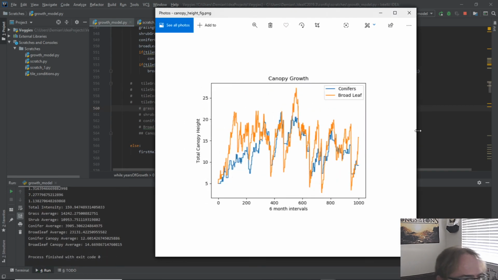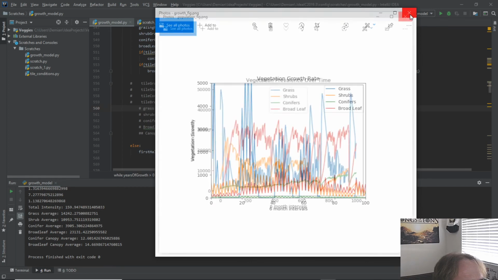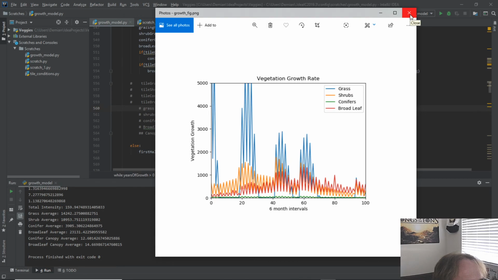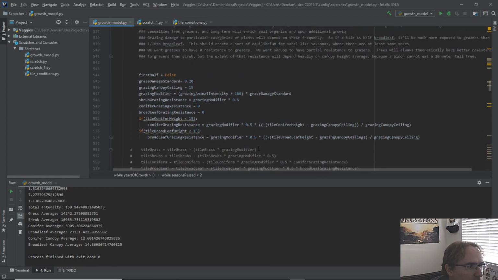So this is what things look like before grazers for thousands of seasons. I have no idea how this is going to turn out, because now we're dealing with a weird situation where are we just not going to have fires if grazers graze things back sufficiently?